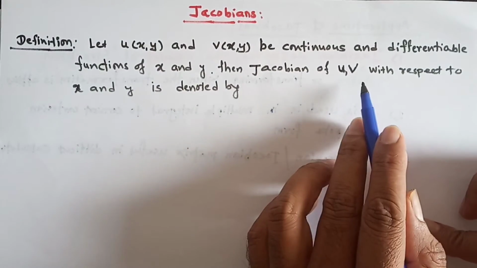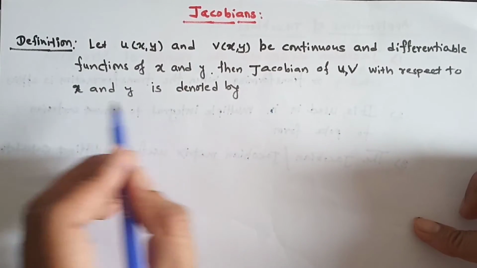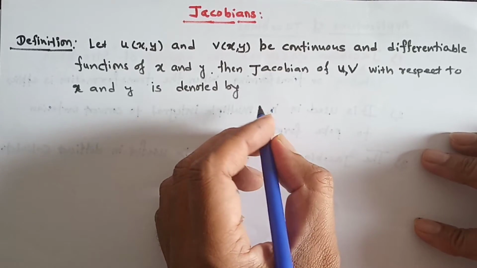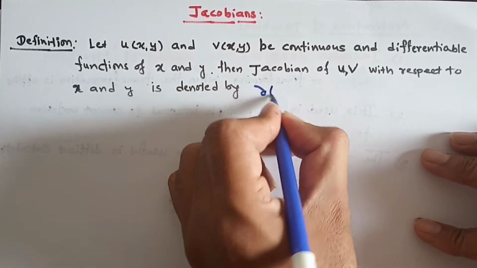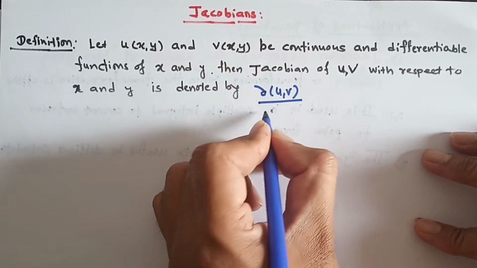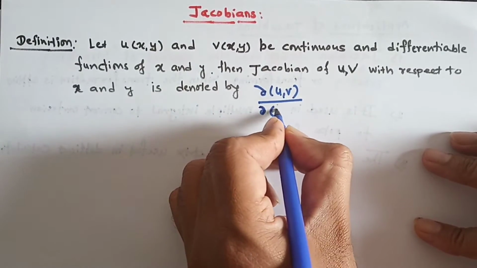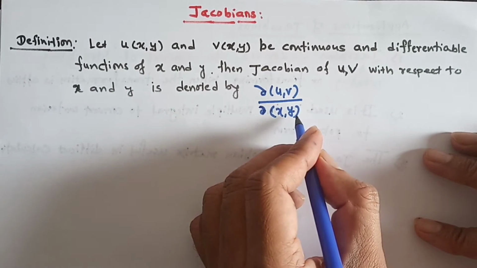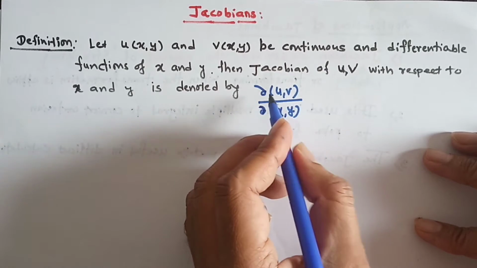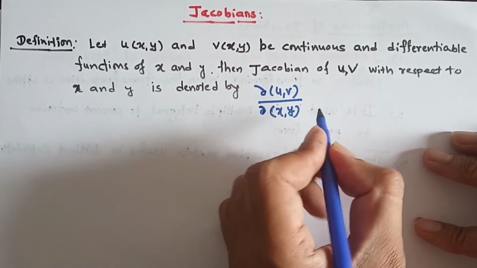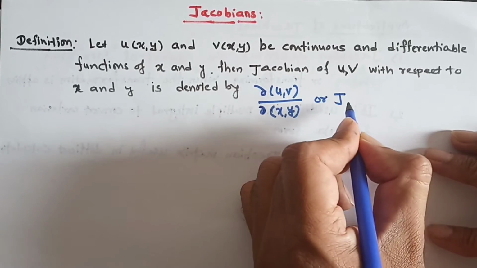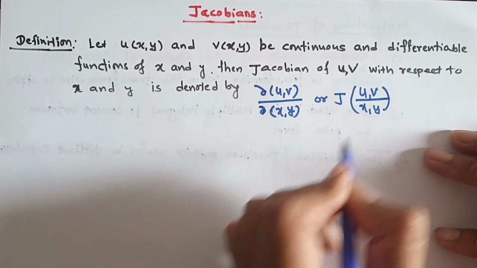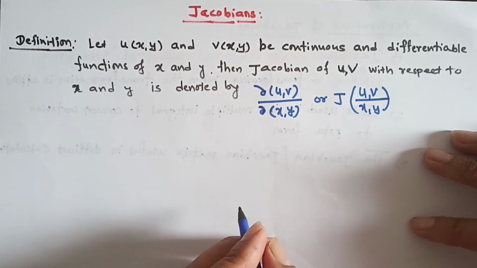Then the Jacobian of u, v with respect to variables x and y is denoted by delta of u, v with respect to x, y. We read this as Jacobian of u, v with respect to x, y, and it is defined as follows.